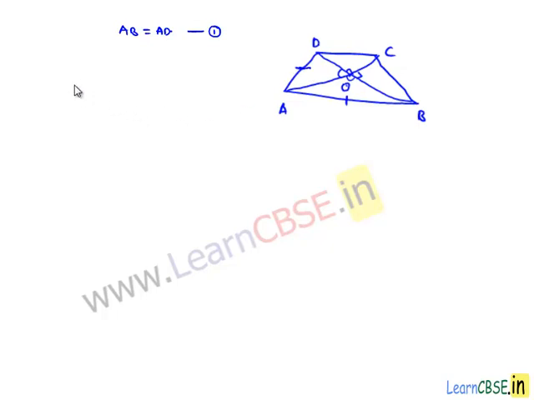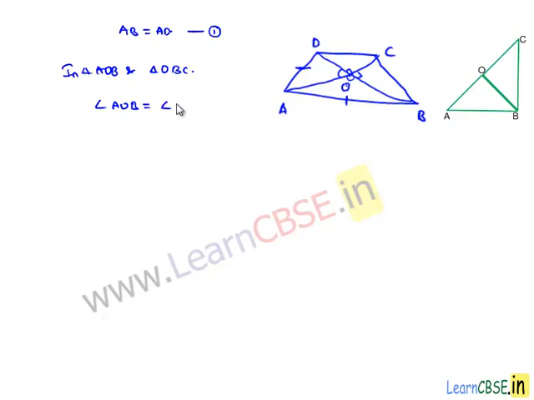Now let us consider the two triangles, that is triangle AOB and triangle OBC. Angle AOB is equal to angle BOC, which is equal to 90 degrees, as we said that AC and BD bisect each other perpendicularly, and OA will be equal to OC, as BD is bisecting AC, and for both the triangles OB is the common side.